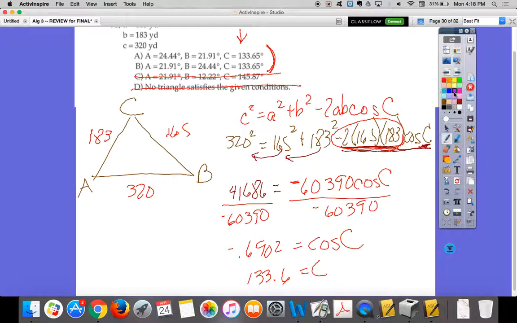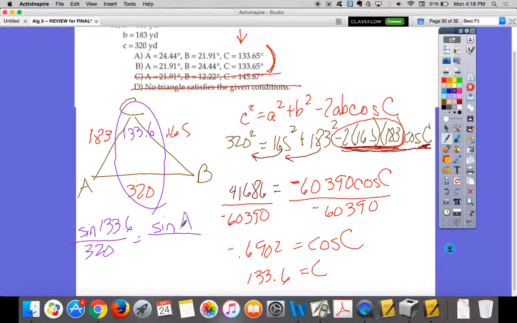But anyway, you can use the law of sines now, because you know this part. So I can set that up as a fraction. I can say sine of 133.6 over 320 is equal to, let's just go for A, sine of A over 165, because remember, that's our match.